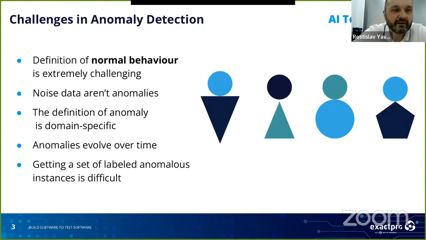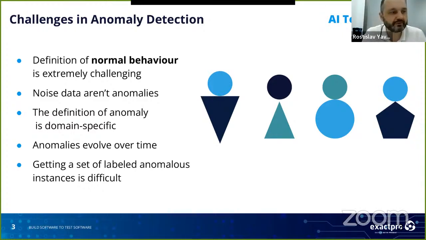Second, noise data are not anomalies. In real life you never have the same objects. Something is different, some parameter could change, but noise is not really what we call an anomaly. The third challenge is that the definition of anomaly is domain specific. If you're speaking about geometric figures, that could be one anomaly, depending for example on dimension or other properties.